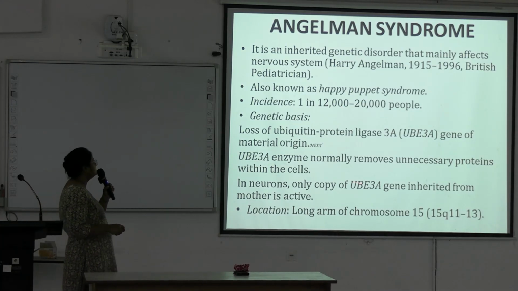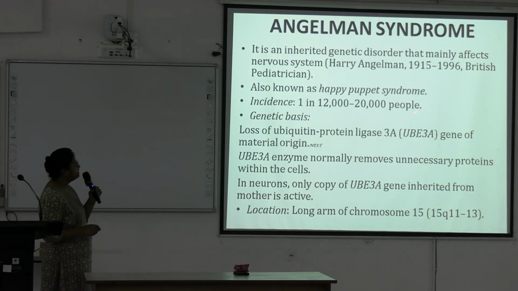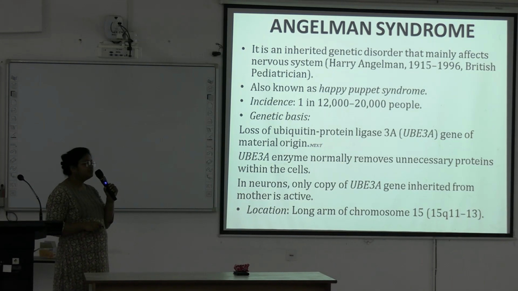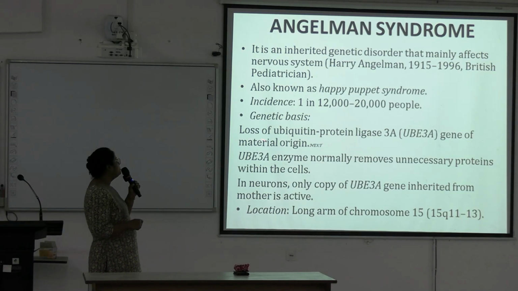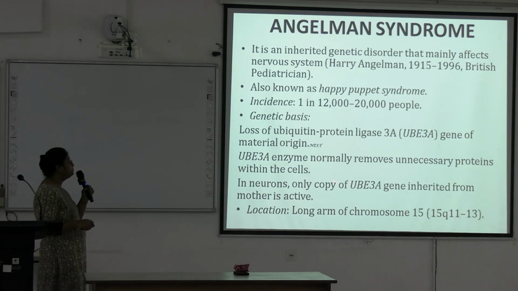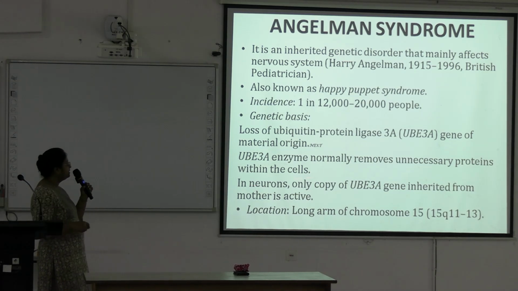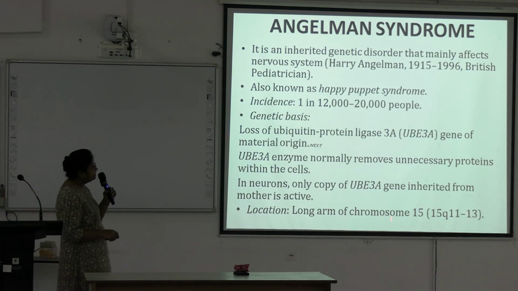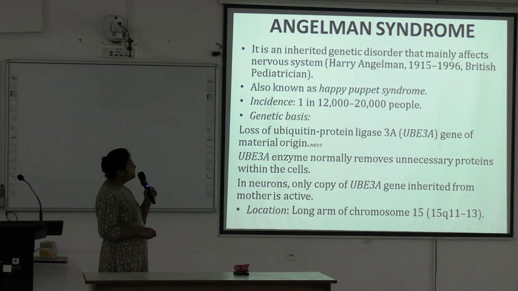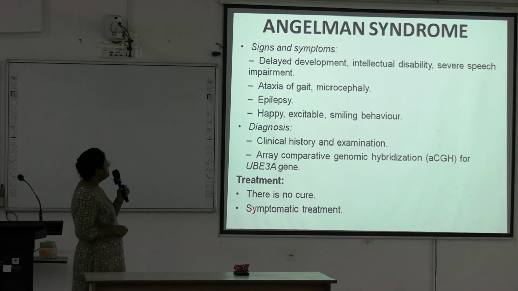This is the genetic basis. Loss of ubiquitin protein ligase 3A, the UBE3A gene of maternal origin. So this is the deleted gene, and the UBE3A enzyme normally removes unnecessary proteins within the cells. In neurons, only the copy of the UBE3A gene inherited from the mother is active. Location is the long arm of chromosome 15, that is 15q11 to q13. Next, these are the signs and symptoms.